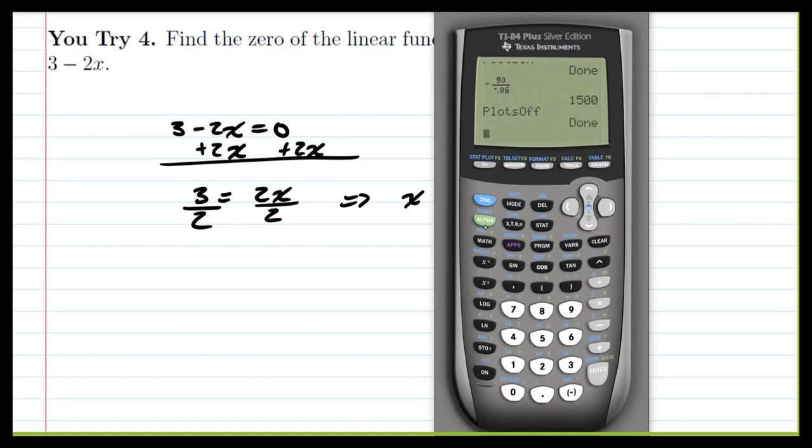So remember, to turn the plots on, we went second y equals, and we went down to choice number 5 and chose plots on. When we don't want our scatter plot to show up anymore, we do the same thing. We go second y equals, but instead of plots on, we choose plots off. And press enter, and it'll say done. And now when I graph, I get something that looks like this without my scatter plot on it.